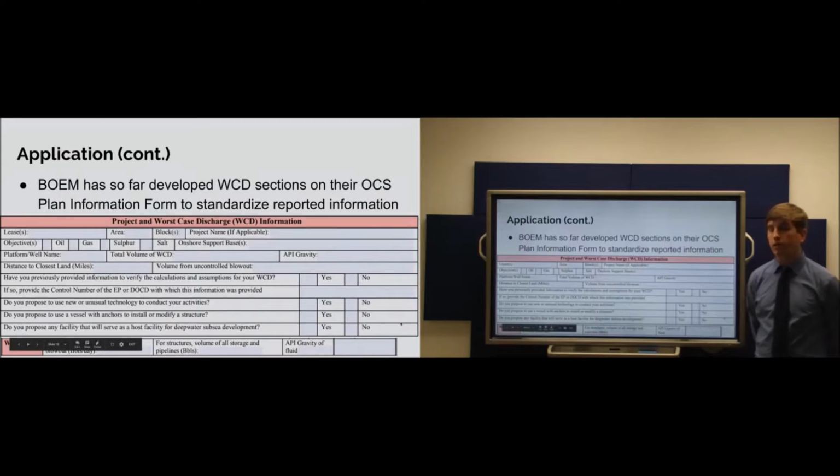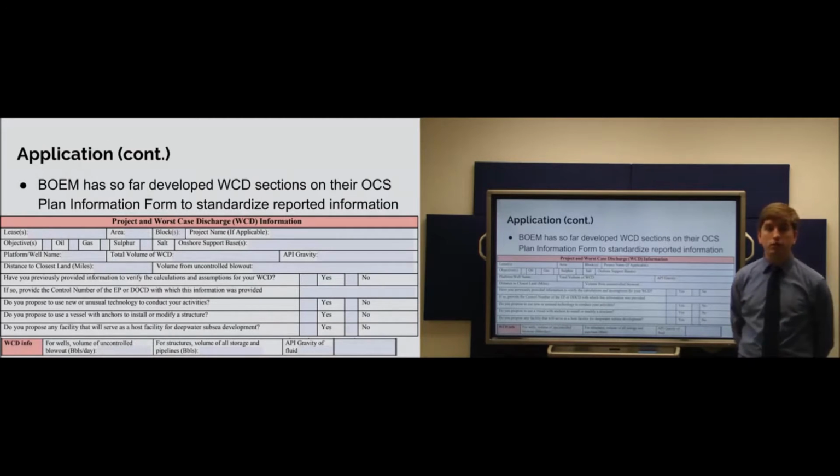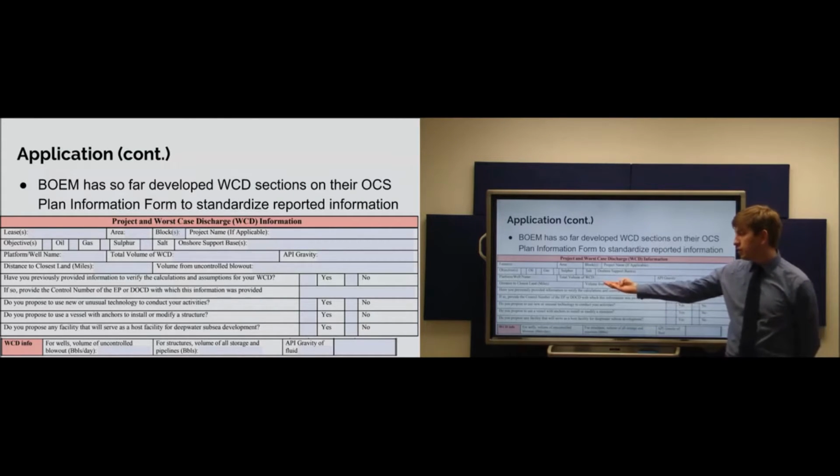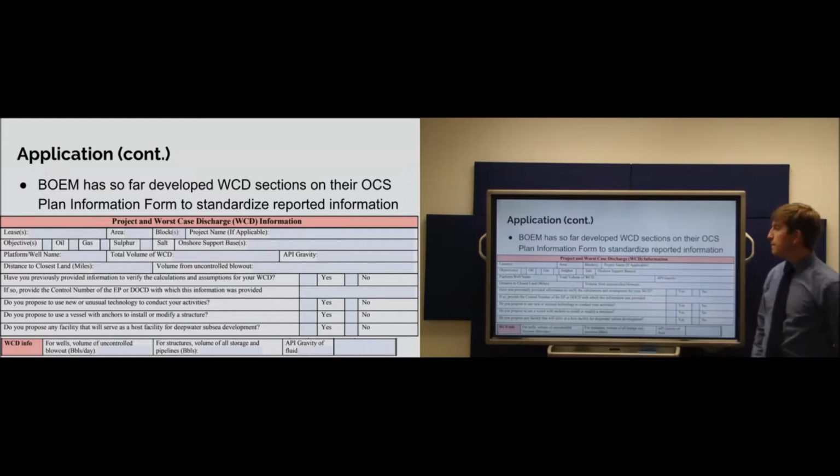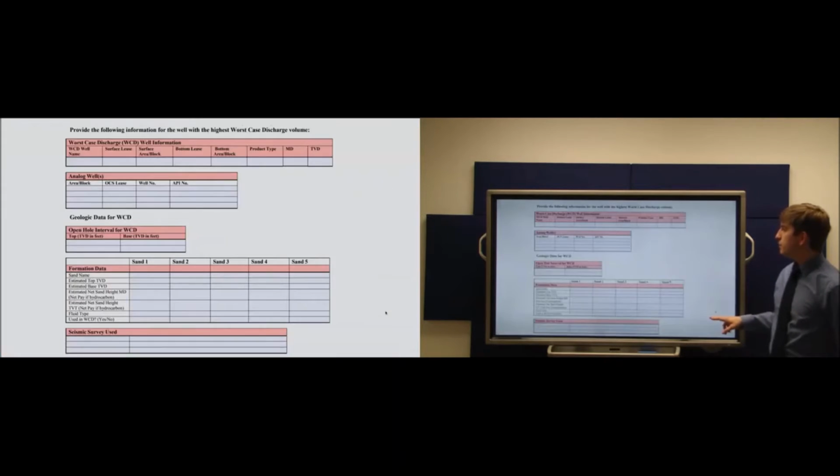So BOEM has devised a worst case discharge section on their OCS plan information form. As you can see on the first page of this form, they ultimately want you to report the total volume of worst case discharge. And as we go through some of the other forms, you can see they get a bit more complex, ultimately requiring geologic data for the well that you're drilling, along with analog wells in the area.